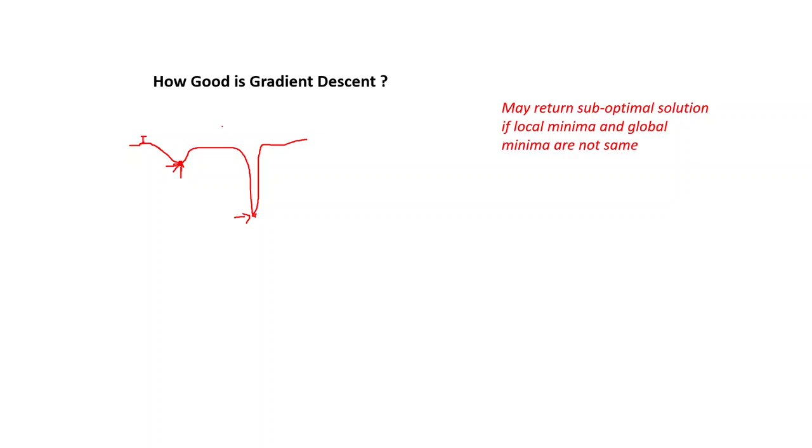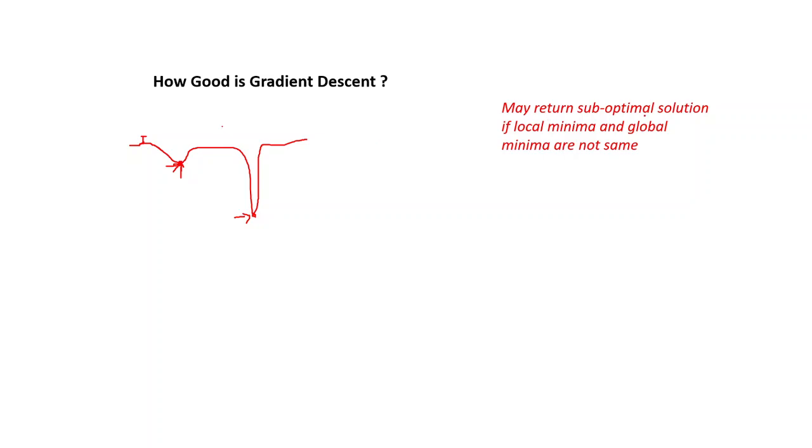Every global minima is also a local minima, but every local minima is not always a global minima. So if your starting point was such that it gets stuck in a local minima which is not a global minima, then it may return a suboptimal solution.